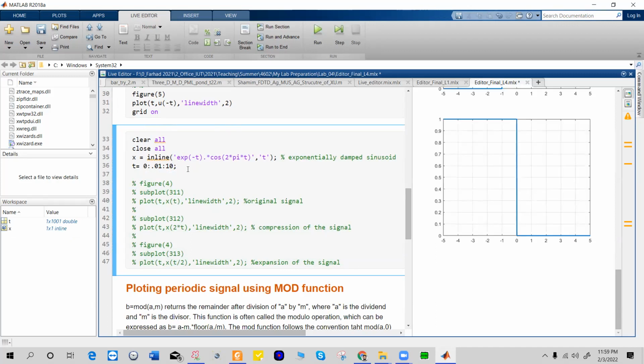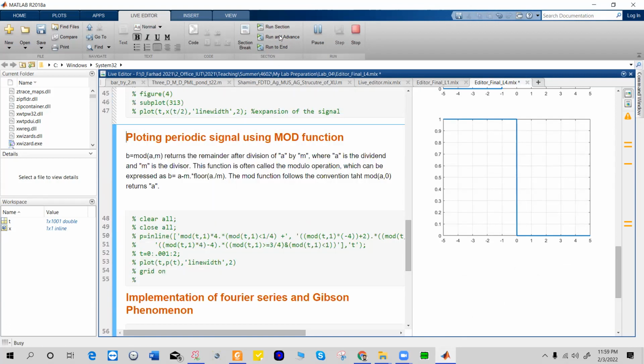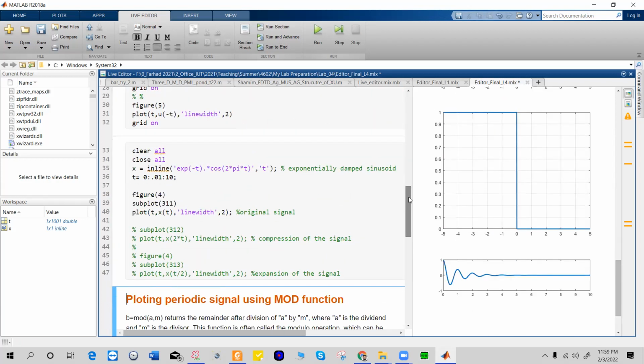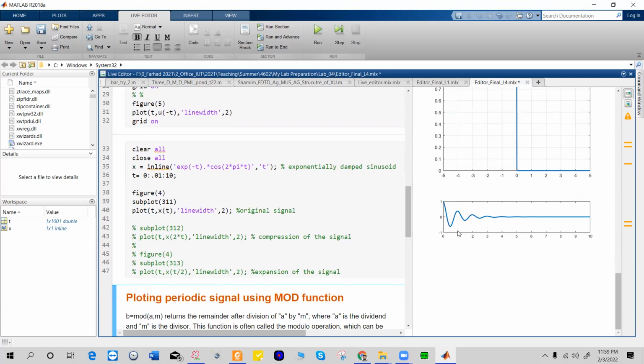We just plot it. Oh, sorry, I used the comment for the plot as well. So let's remove it, and now let's run. So we have the sinusoidal decaying cosine function here, that is x of t.